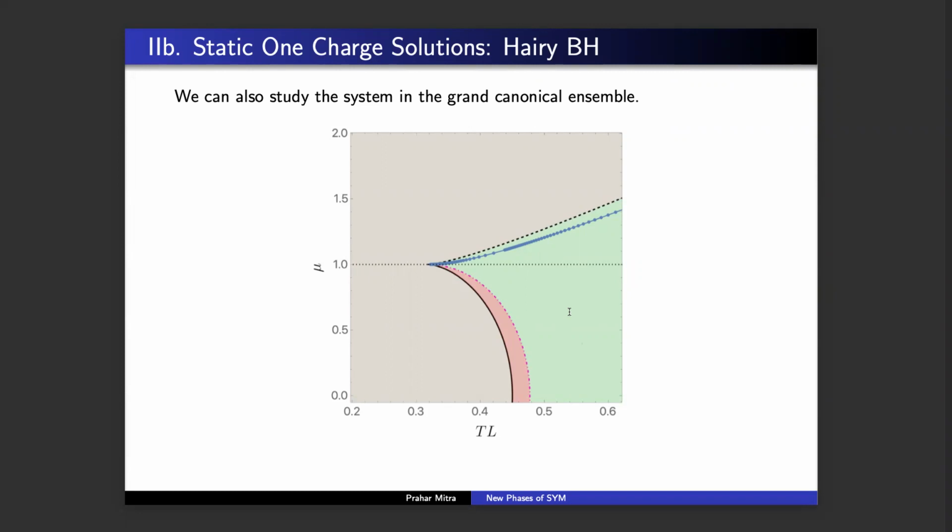We know that there's an instability, and we know that hairy solutions exist in this range over here, but they're not dominant. So there must be something new happening to smooth out this phase transition. There must be a new phase, but we haven't found it yet.